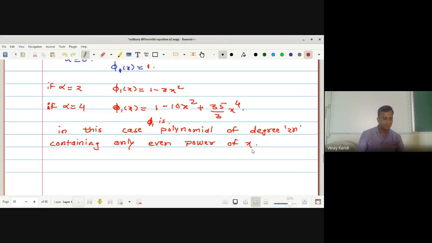Okay, and the solution phi 2 is not a polynomial.